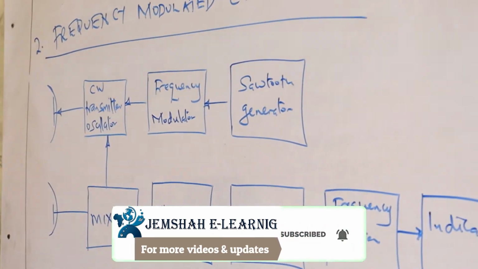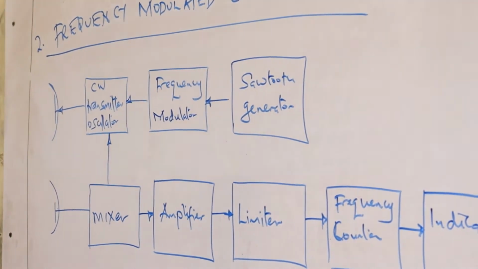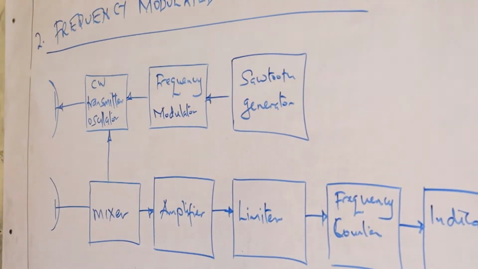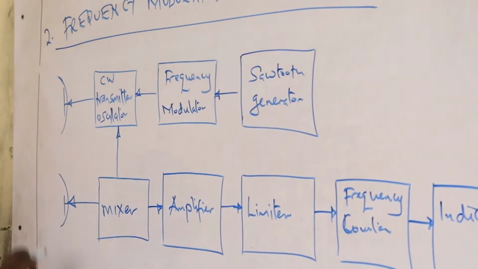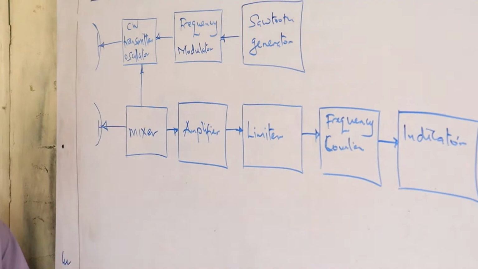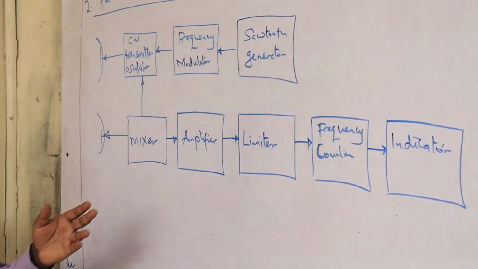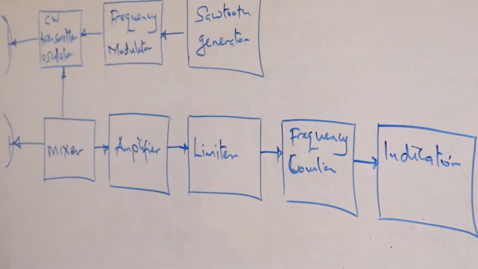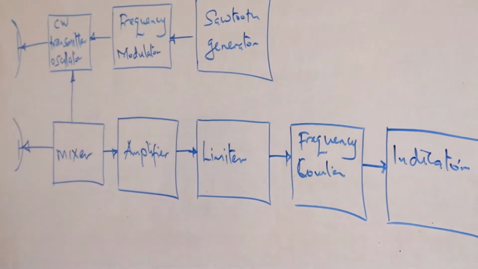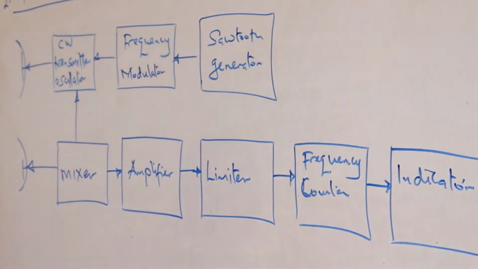Having the capability to measure the range makes it easy to know where the target is so that we can track it very easily. And when you look at this, the transmitter oscillator and the receiver mixer here.